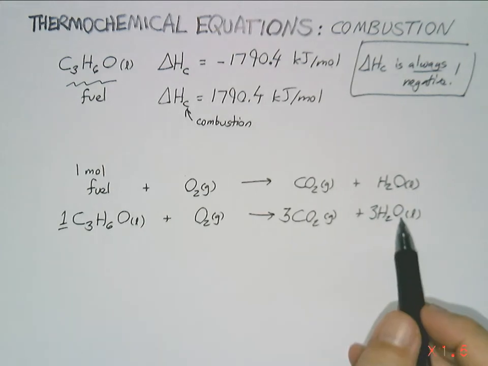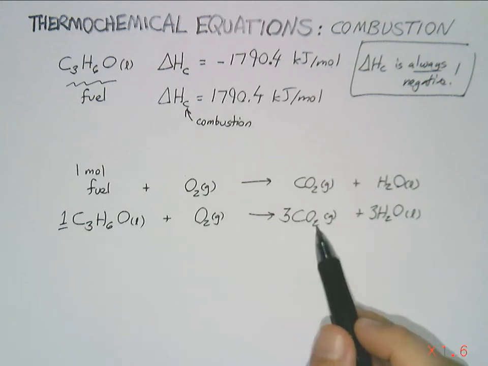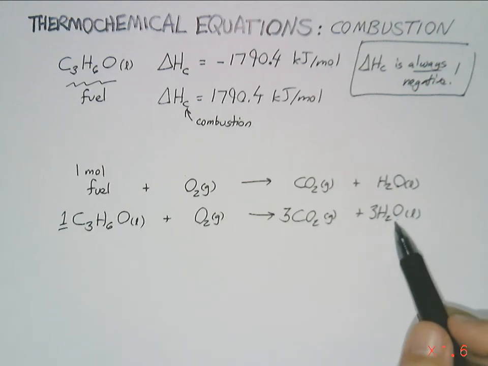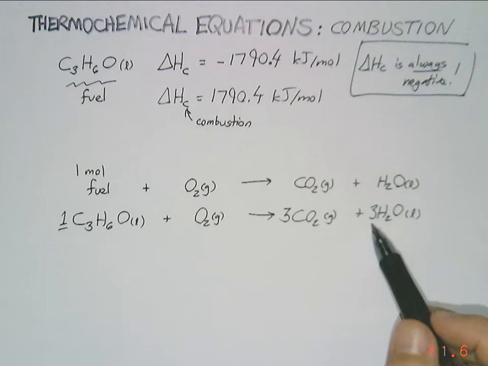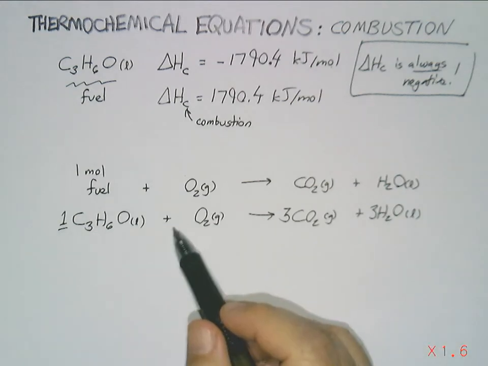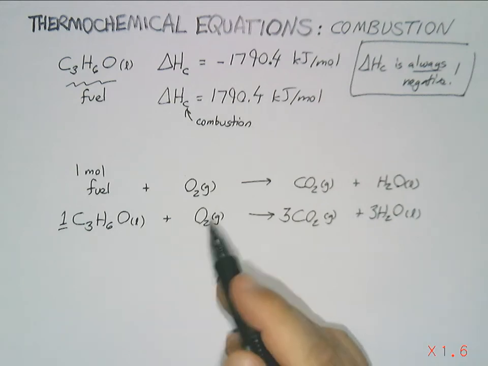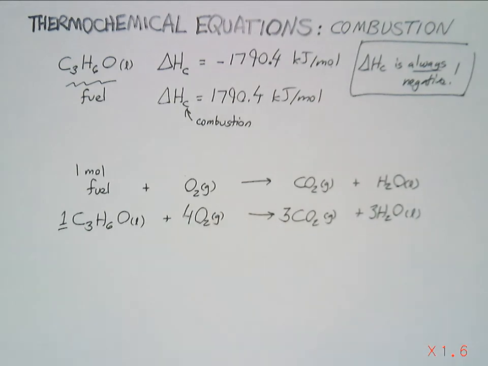How many oxygens on this side? Well, let's see. There's 6 there and 3 more there. 6 and 3 is 9. So there have to be 9 total on both sides. Now this side has 1 already there. So that leaves 8 of them. So I get the 8 left like this. And there it is.